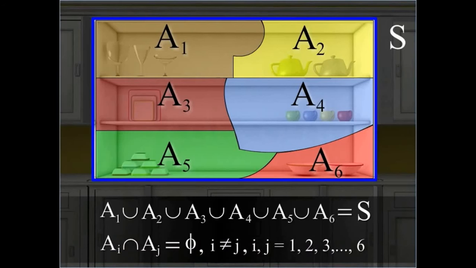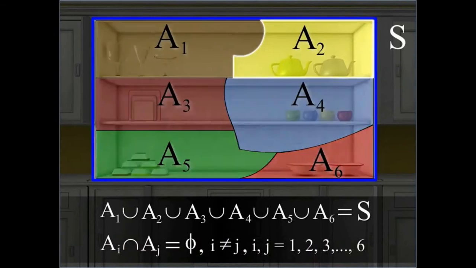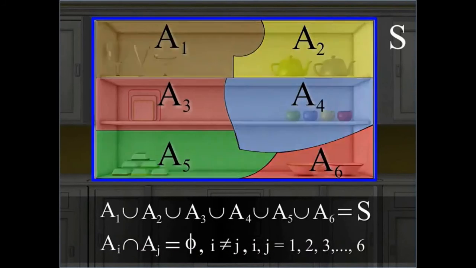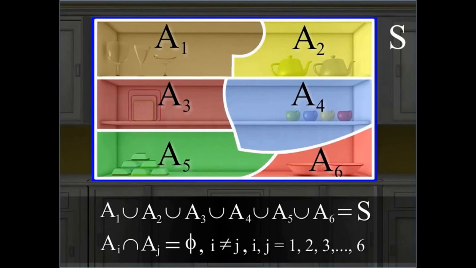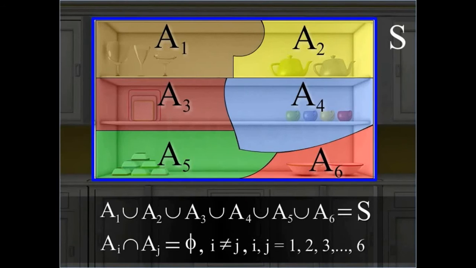Thus, A1, A2, A3, A4, A5 and A6 represent the elements of this partition and are called parts of the partition.